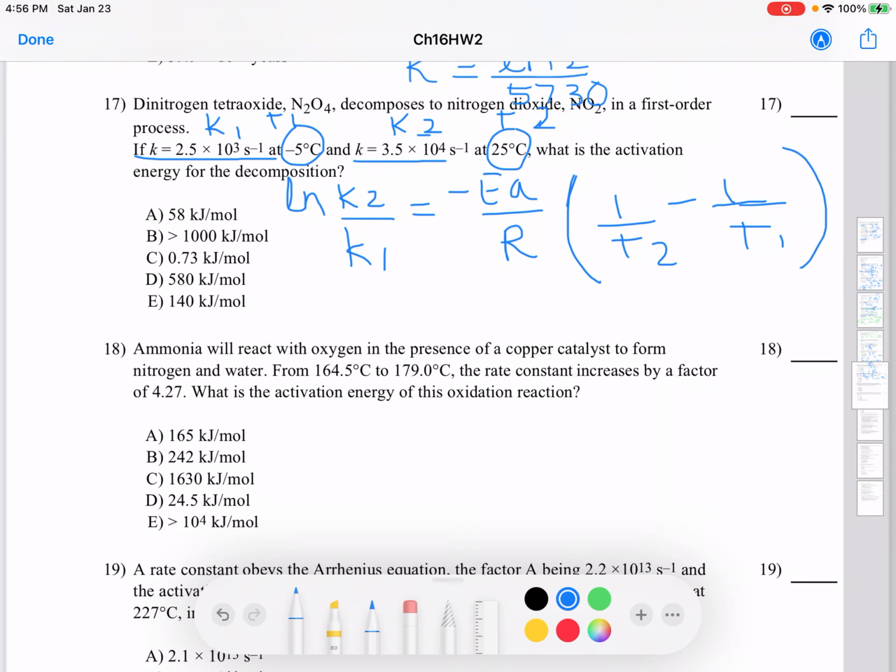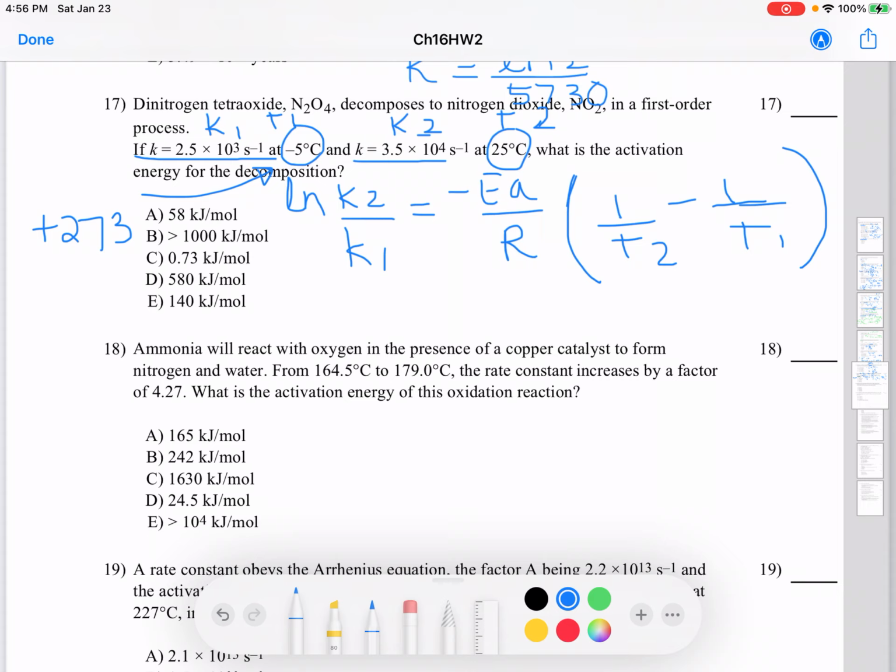When you are plugging in the information for the temperature, you want to make sure that if it is given in Celsius, you convert it to Kelvin. How do you convert Celsius to Kelvin? You add 273 to the negative 5 and also to positive 25. So that's what you're going to be using.